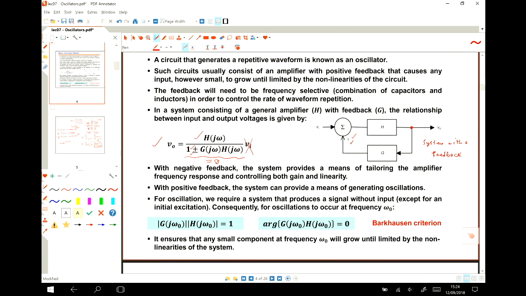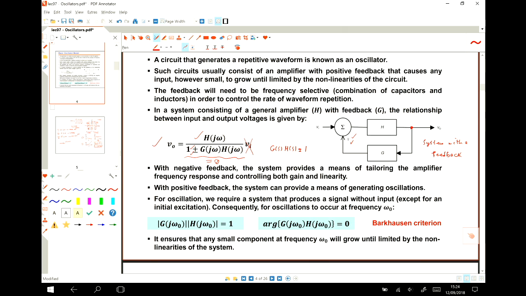I mean, the condition that a system is oscillating is that GH equals 1. So G of S, H of S should be equal to 1. So this is the condition that we have for the oscillation. And then what does it mean?